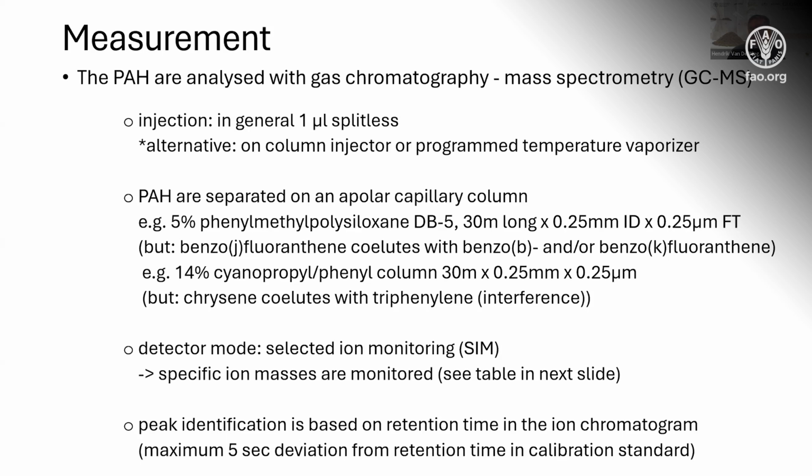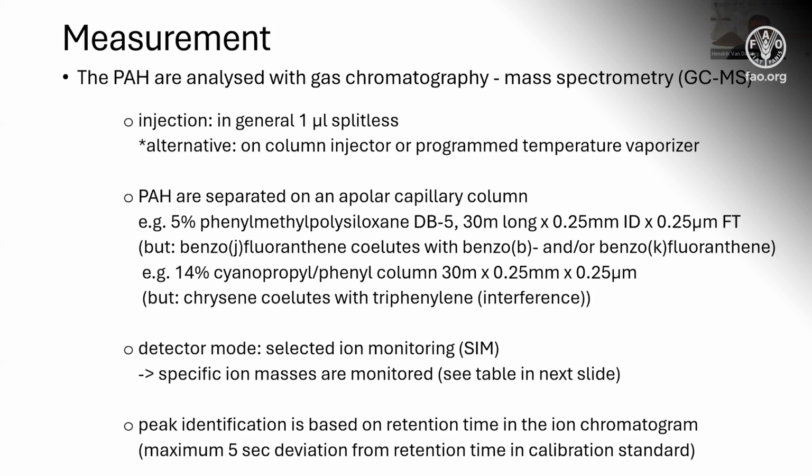For separation, on the capillary column, we use an apolar phase, like 5% phenylmethylpolysiloxane, a so-called DB5 column, 30 meter long, 0.25 millimeter internal diameter and 0.25 micrometer phase thickness.